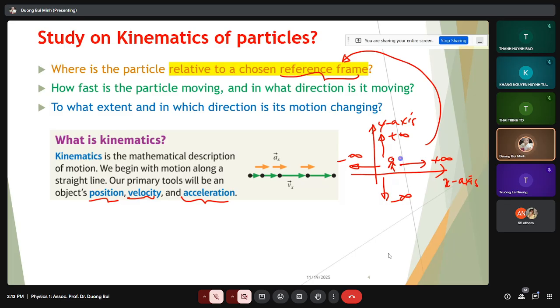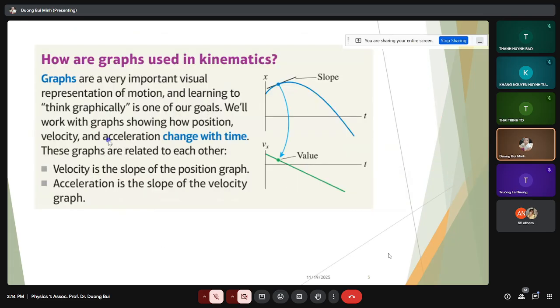Maybe sometimes we go upward and then backward. So it depends on three important physical parameters: the position vector, velocity vector, and acceleration vector. So that's kinematics. Vietnamese meaning là động lực học.